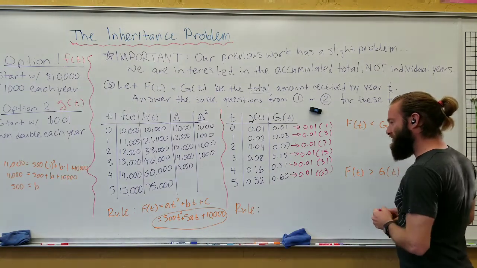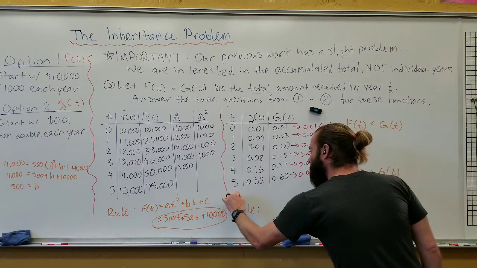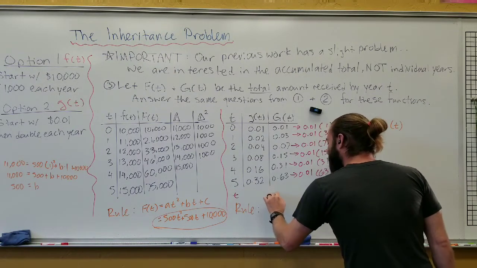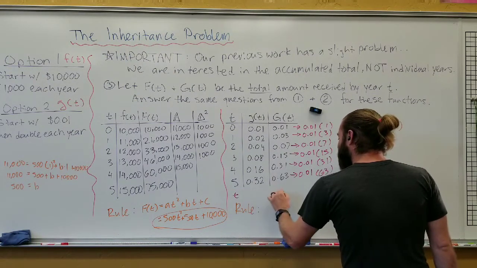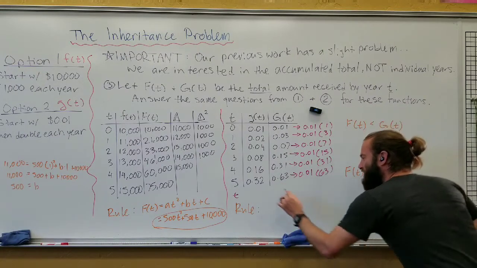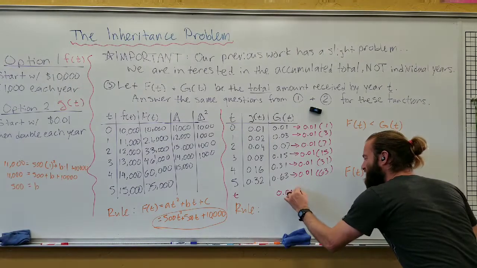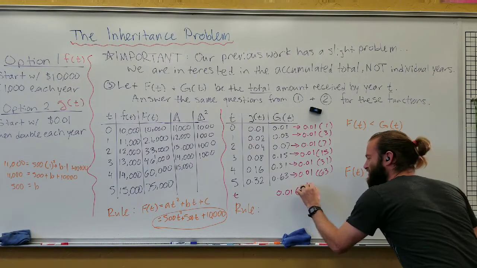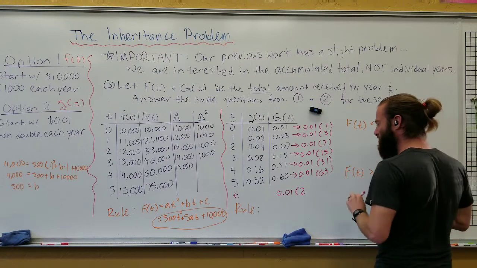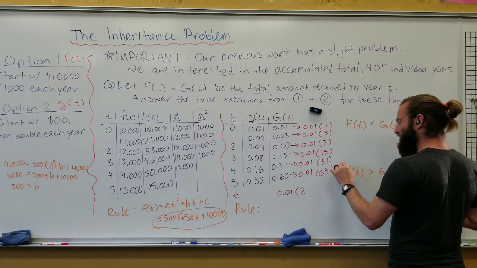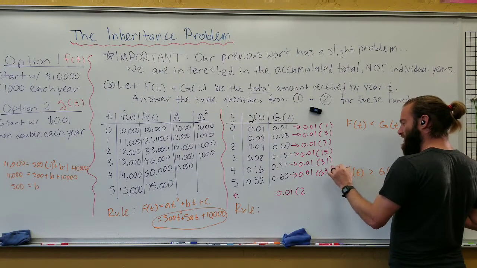So we can actually generalize this. It might help if we put a t down here, and then the actual rule seems like it's going to have this constant 0.01 involved, and a power of 2. But let's see what power of 2 this is.